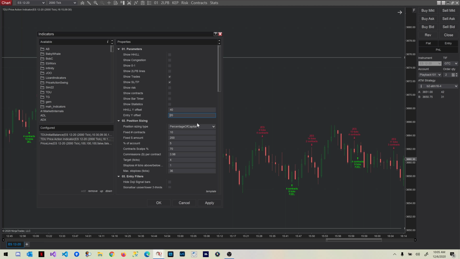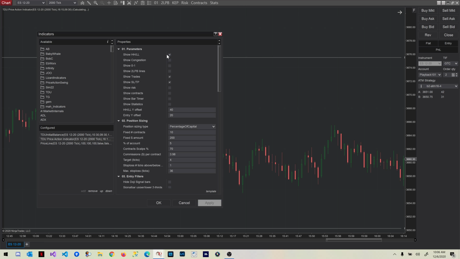So if I put this, for example, to 120, you will see that when it's recalculated, it's now up there. And the same goes for the higher high, higher low, which I now have turned off, but you can also choose where you want to draw that.